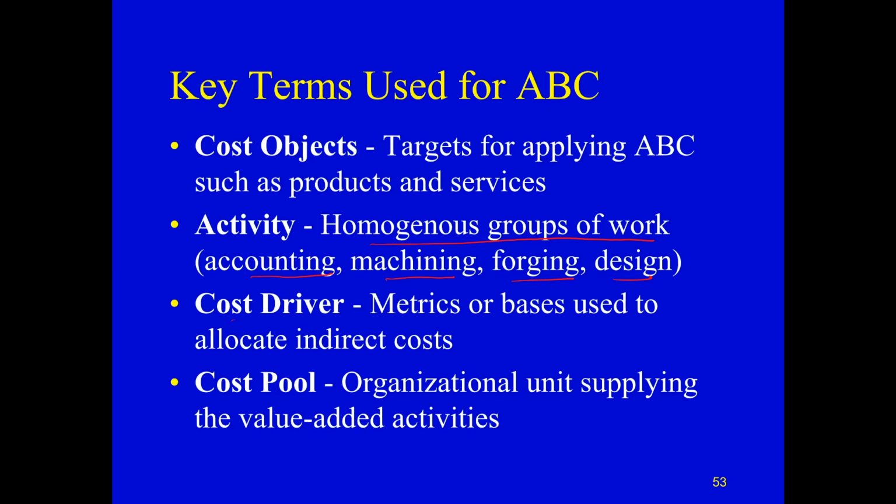The cost drivers are the metrics or bases used to allocate indirect costs. For any activity, we will see what is driving that activity, what is the basis of that, and that is the cost driver. And cost pools are organizational units supplying the value-added activities. So these are the terminologies we will be using.